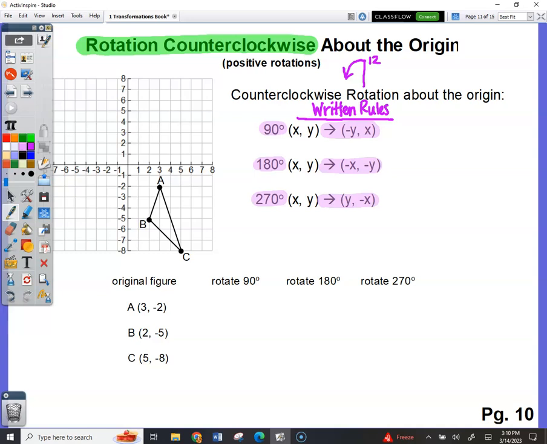Let's write the rules. We have our pre-image, triangle ABC. We're going to rotate 90, copy the rule above it. We're going to rotate 180, and we're going to rotate 270. And then now what I want you to do is to fill it in just like we did the last one.